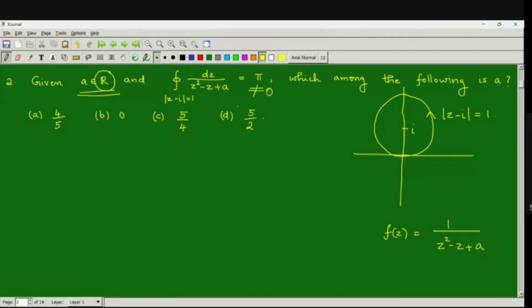So what should we understand? This 1 by f(z) is going to have a 0 inside this contour or that circle. Till this you understood? The one who asked me to give a hint. Yes. Okay. So the first thing we have to note is this.